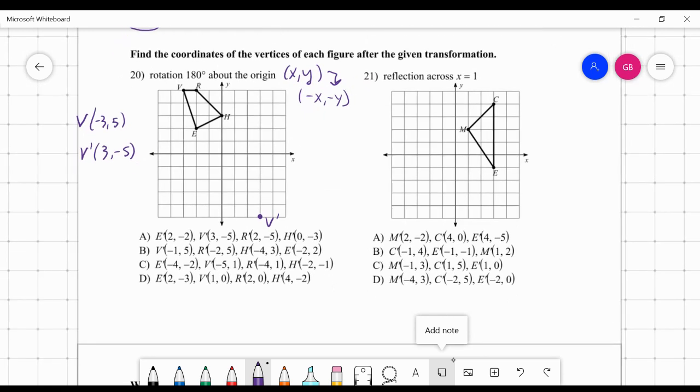Okay. R is (-2, 5). R prime has to be (2, -5). H is (0, 3), so H prime has to be (0, -3).